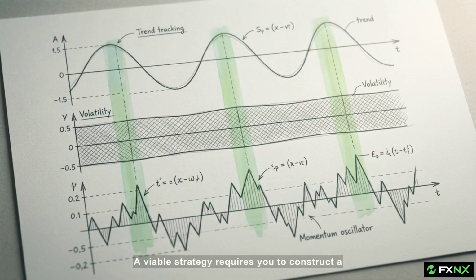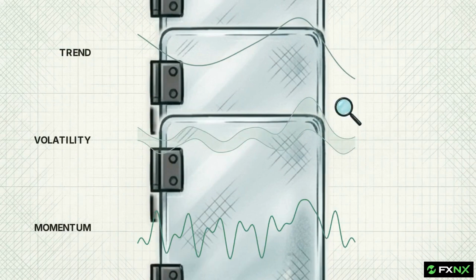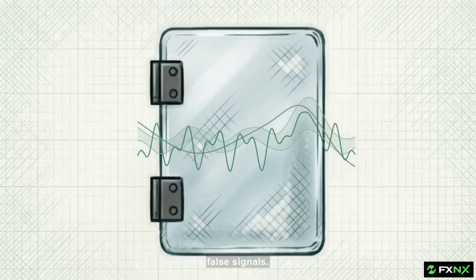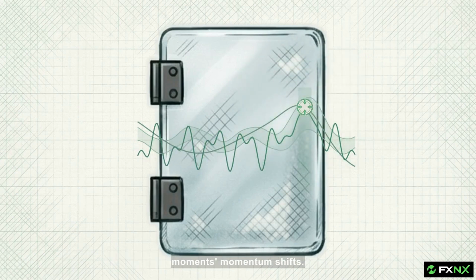A viable strategy requires you to construct a hypothesis through synergy, looking for a confluence of evidence from different data sources. Stacking 3 non-correlated indicators, tools measuring trend, volatility, and momentum, filters out false signals. For example, track the primary trend with an adaptive moving average, cross-referencing a divergence scanner to identify exact moments momentum shifts.